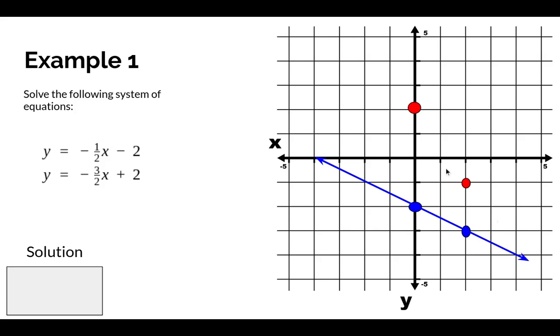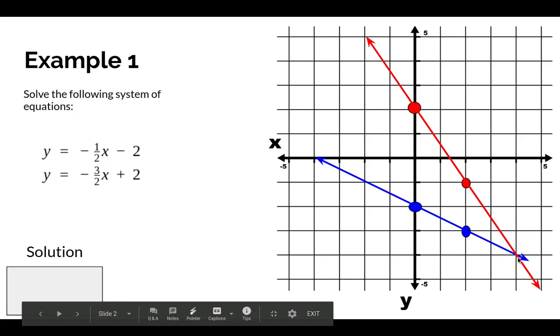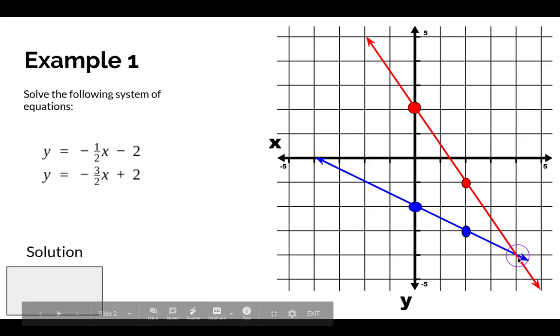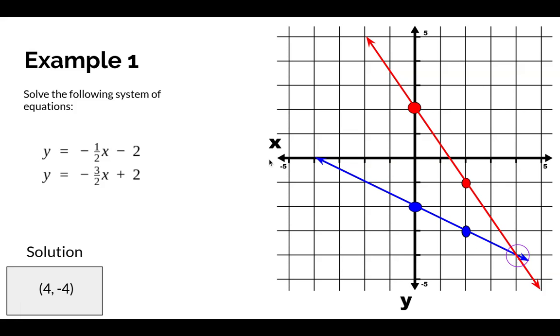We have 2 points, so we can graph our line. We notice there's an intersection point down here at the lower right-hand side. That would be at 4 on the x-axis and negative 4 on the y-axis. So our solution here is 4, negative 4, and the solution is just the intersecting point of these two lines.